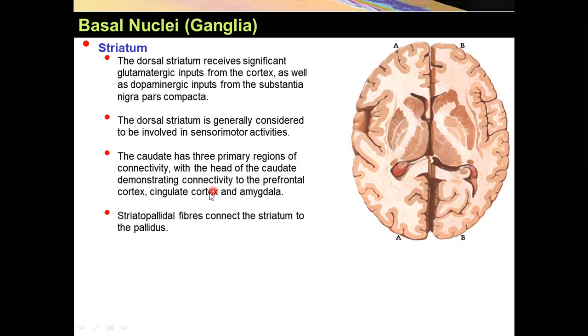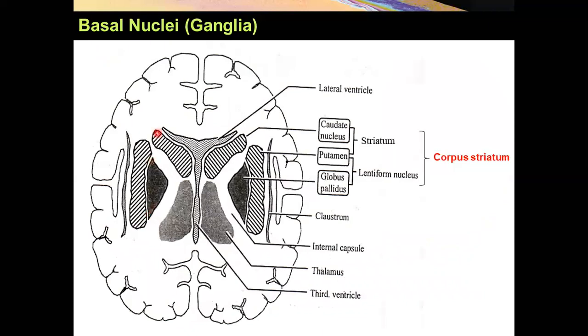And the striatopallidal fibers connect the striatum to the pallidus. Again, we group the basal nuclei in the striatum, lentiform nucleus. Together they make up the corpus striatum.